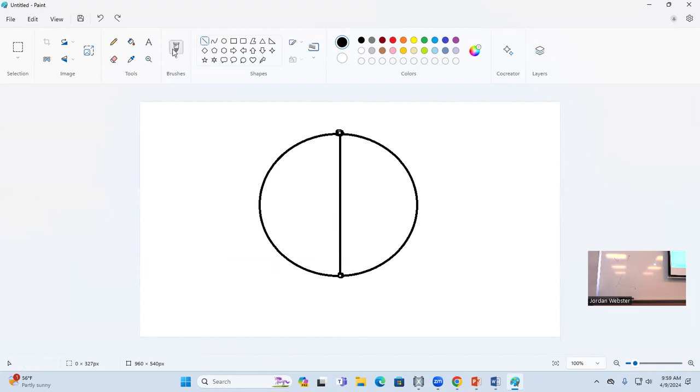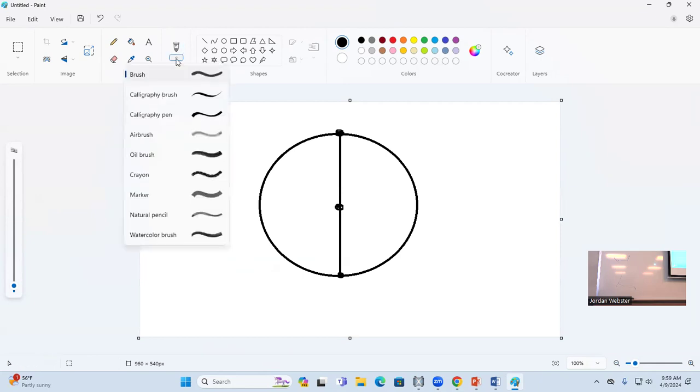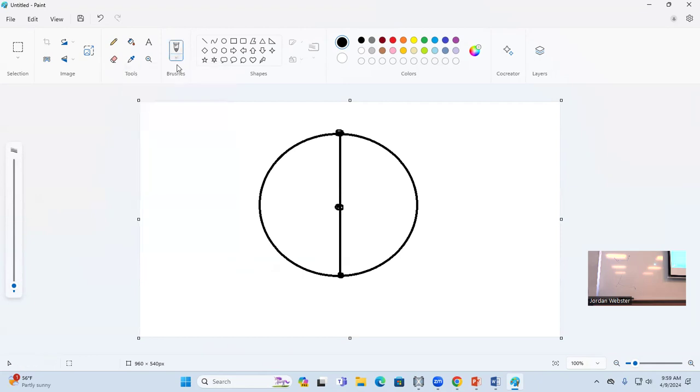So where's my center? It's right in between. It's the midpoint between (8, 3) and (8, 9). Hopefully that makes sense.